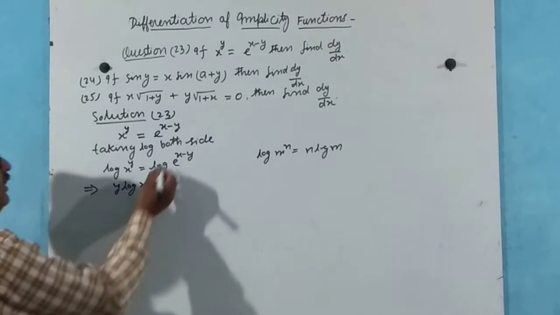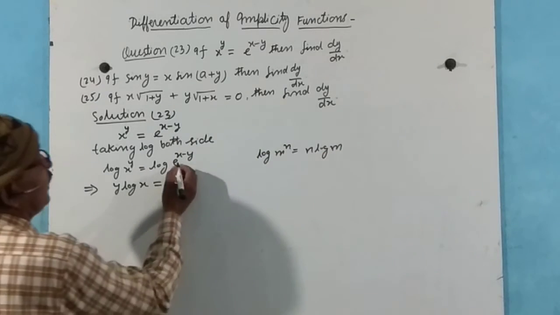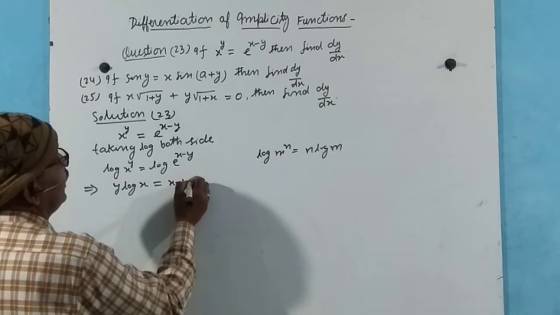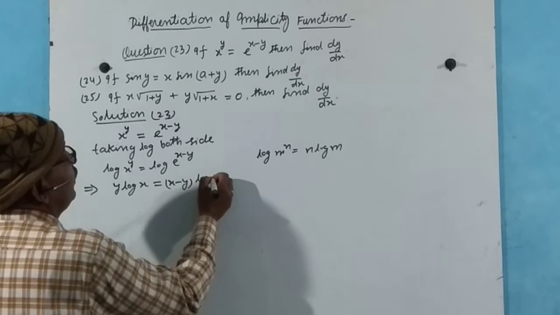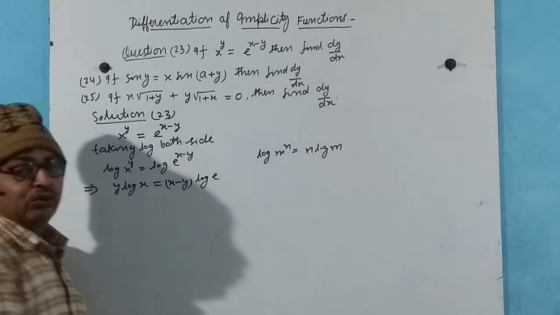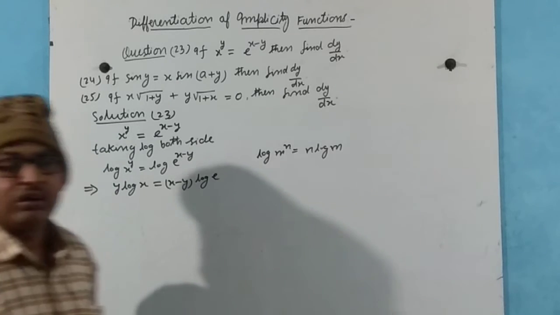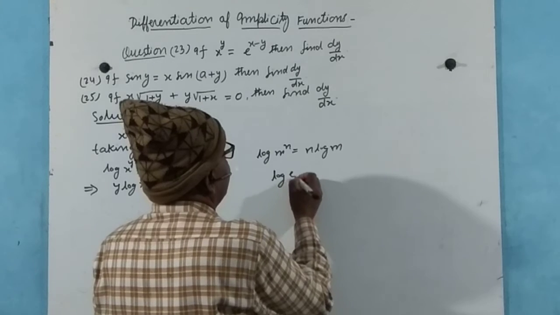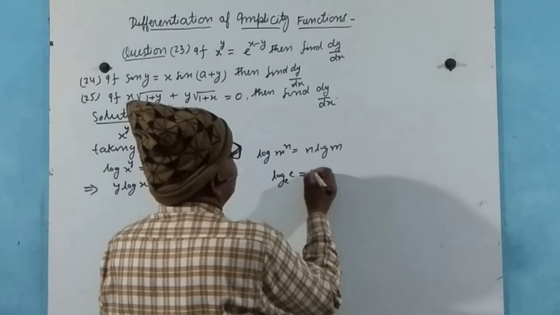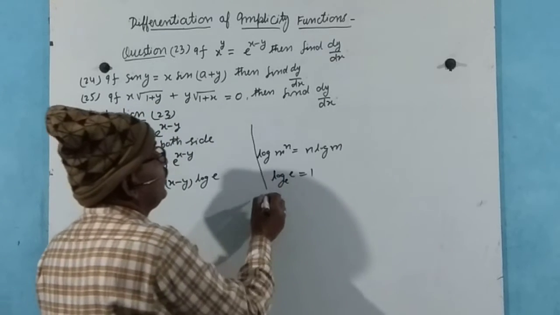In the similar sense, this can be written as x minus y log e, and as you know log e equals 1.